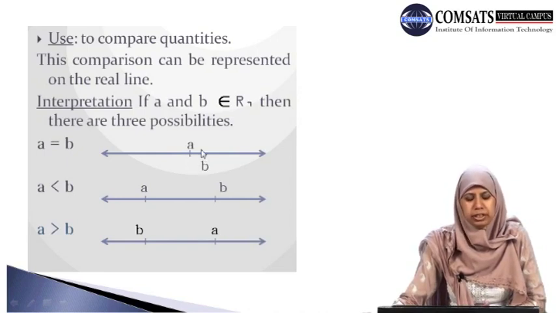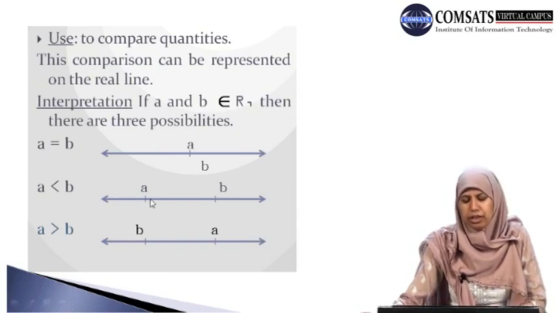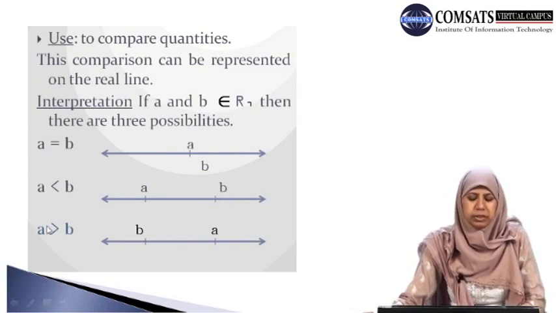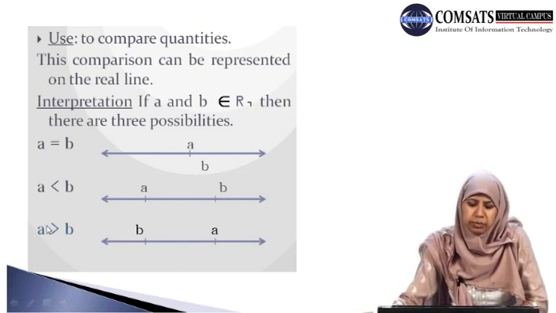The next possibility is that a is less than b. Then, on the real line, a will always be located on the left of b, the lower one on the left side and the bigger one on the right side. The third possibility was that a is greater than b.